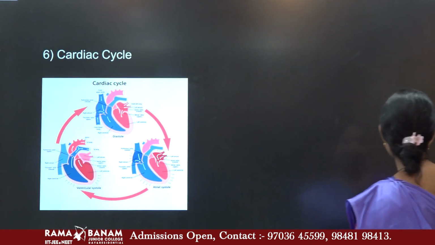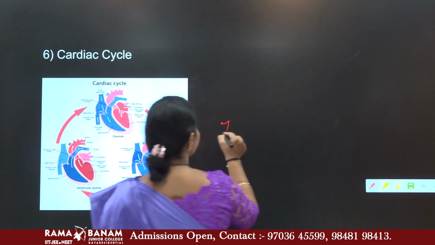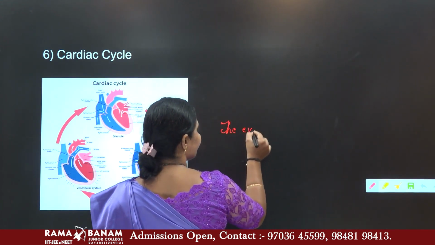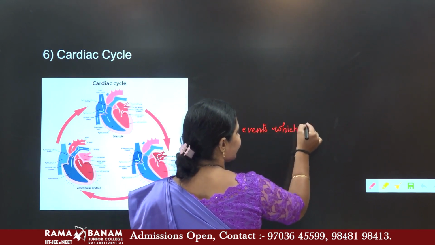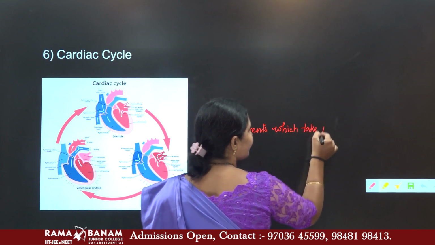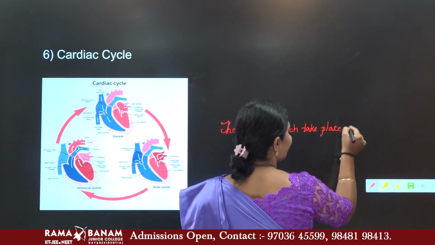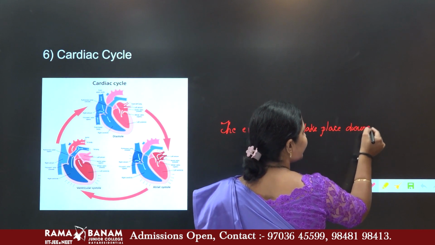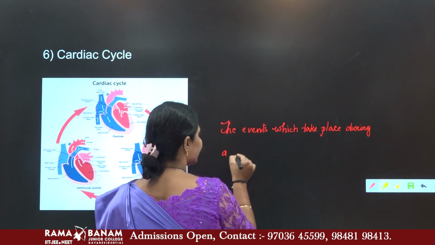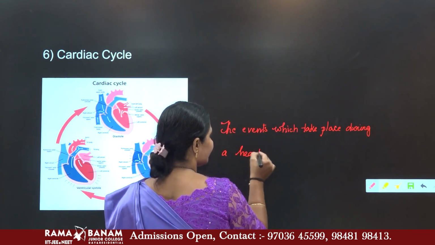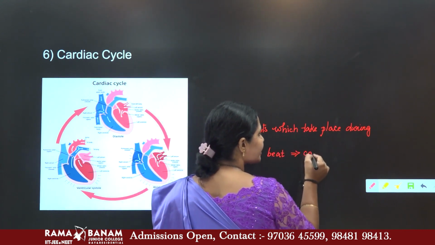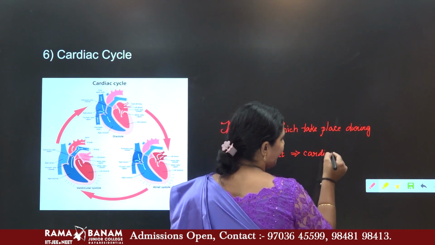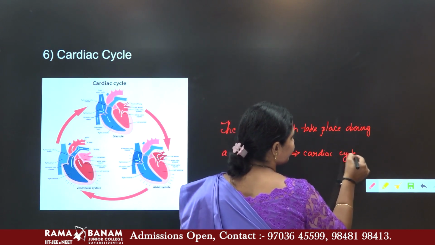Then next, proceeding with the cardiac cycle, the events which take place during a heartbeat is what is known as the cardiac cycle, right?